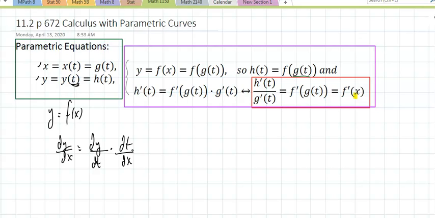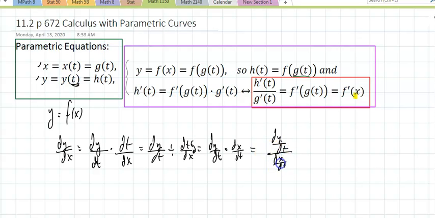In this case, that's dy dt multiplied by dt dx, and instead of dividing, can't I multiply by the reciprocal? That is dy dt divided by dx dt. Wouldn't that be much quicker?